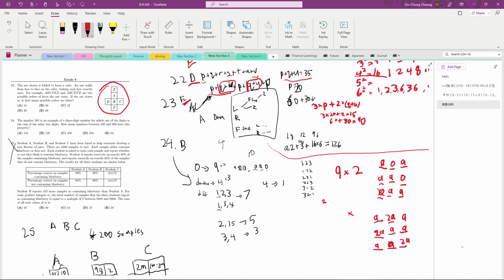So that's times 3. And then what can a be, or more specifically, what can 2a be? 2a can be 2, 4, 6, 8. That's 4, and that's it. Which means a can only be 1, 2, 3, 4. Yeah, so 4 times 3.